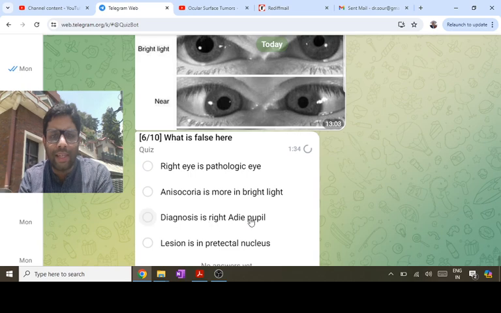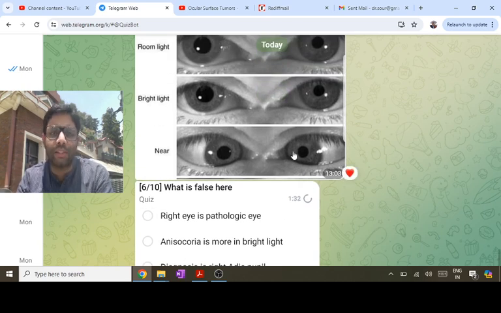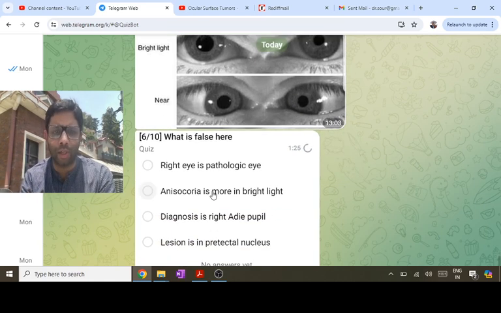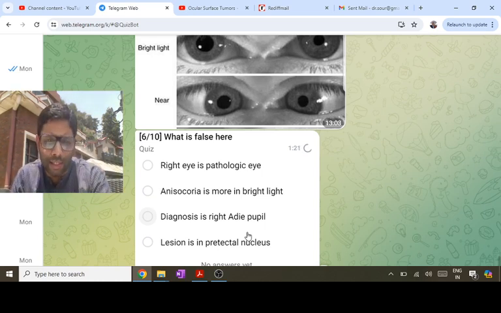And the diagnosis is right Adie's pupil, because with near it is constricting because accommodation fibers are spared. This is light near dissociation. The lesion is not in the pretectum, it is in the ciliary ganglion of the right side. And diluted pilocarpine test, if you do it in the right eye, it will constrict further because of supersensitivity. So this is your right side Adie's pupil, and anisocoria is more in bright light.